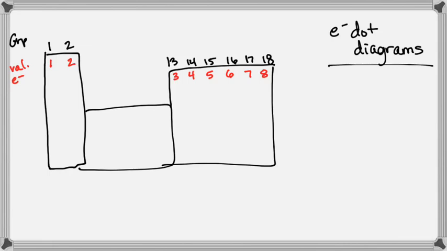Your electron dot diagrams represent your valence electrons. For instance, if I have, we'll say carbon, when I look at the periodic table, carbon is in group 14, so it has 4 valence electrons. We're going to distribute its 4 valence electrons as dots.